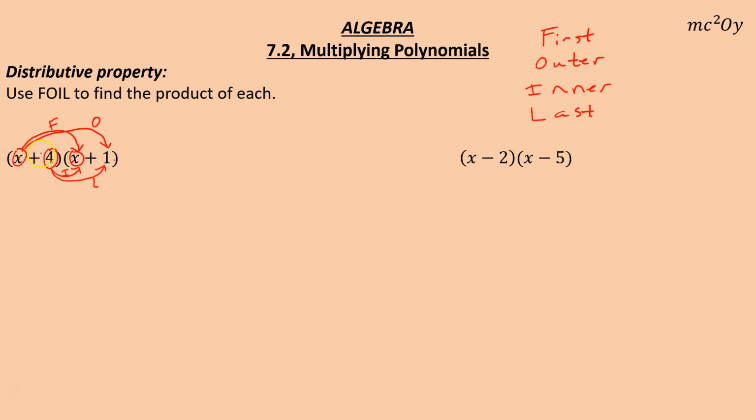So really when I do this, now that I've shown it that way, let me walk you through it here. The first, that is x squared, x times x. Outer, that is x times 1, or just 1x. Inner, 4 times x, or 4x, that's positive.